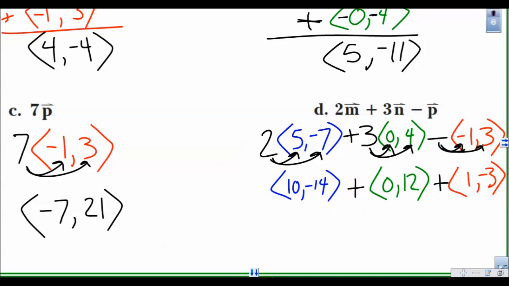To properly attack this, let's combine all of the horizontal components together. 10 plus 0 plus +1, doesn't that make +11?